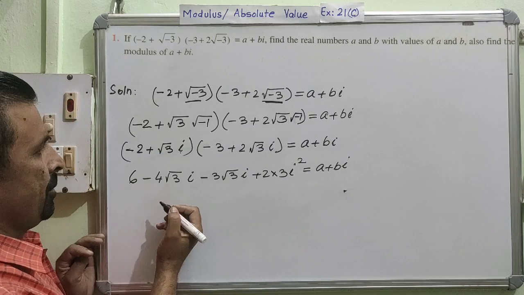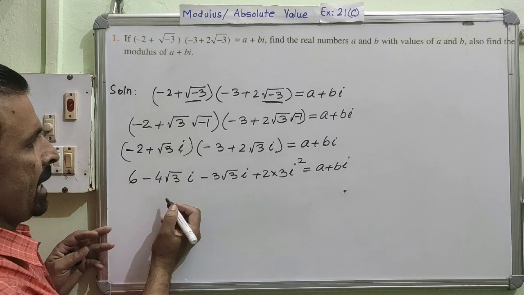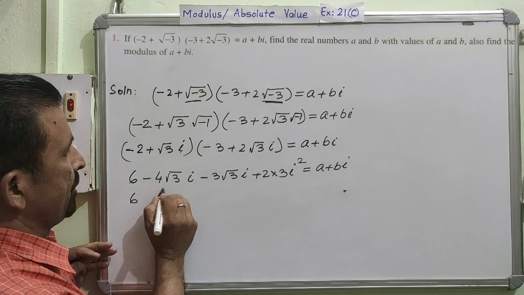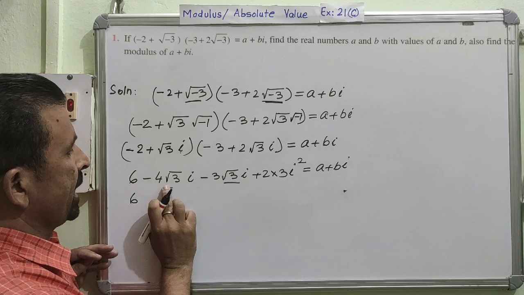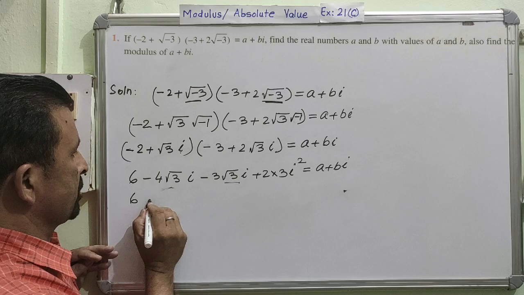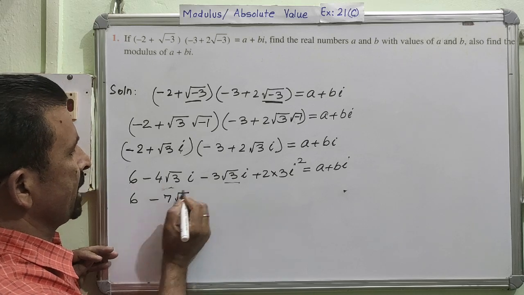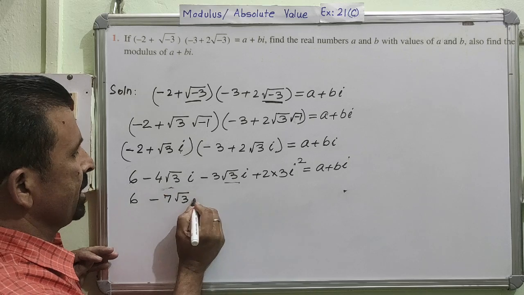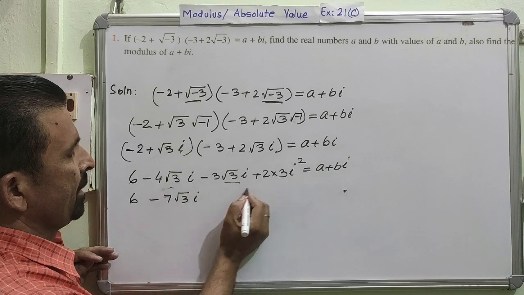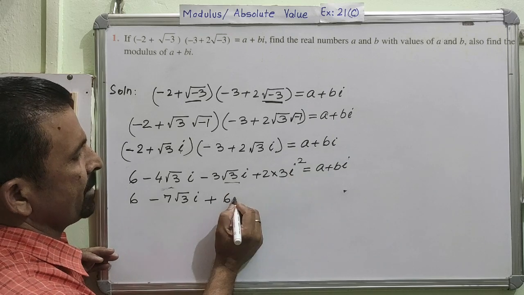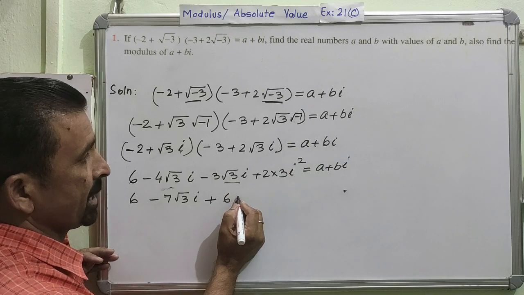Right? Now we can collect the like terms. This is 6. These two are like terms, so they can be added together. The sum of these two will be negative 4 root 3 i minus 3 root 3 i, which is minus 7 root 3 i. And then 2 threes are 6, and i square is minus 1.